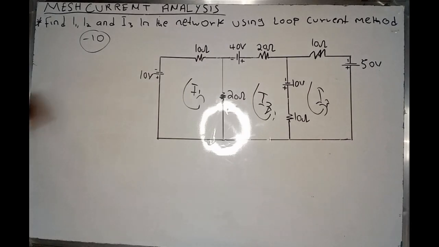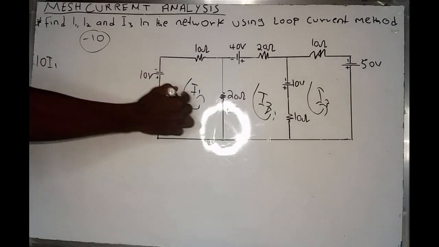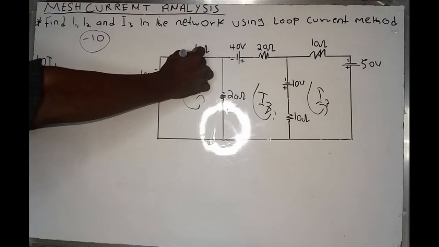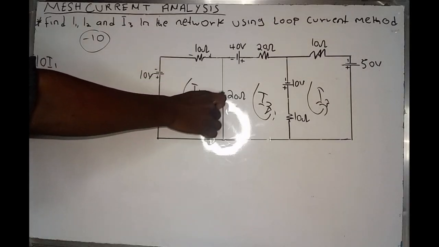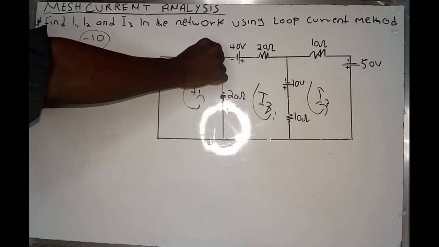If the current moves, we have the resistance. So we have a 10 ohm resistance, therefore we have 10 I1. The current will move from negative to positive, so the resistance should be positive. The current should also cross the loop.